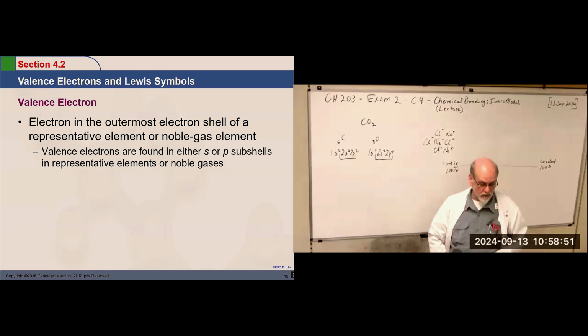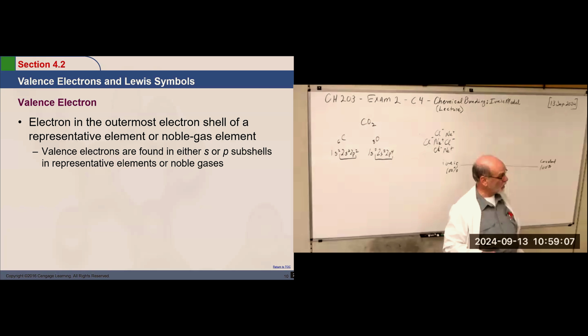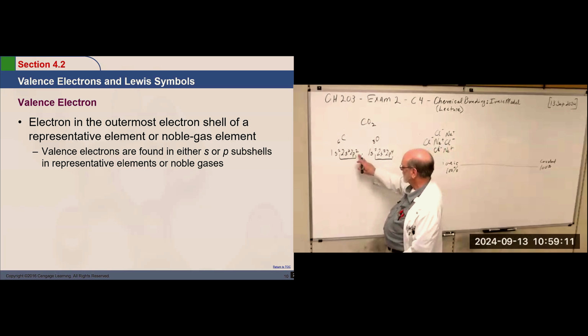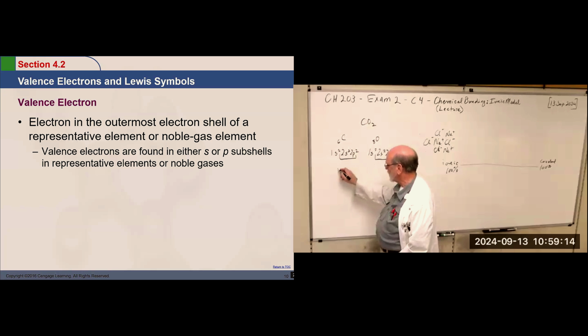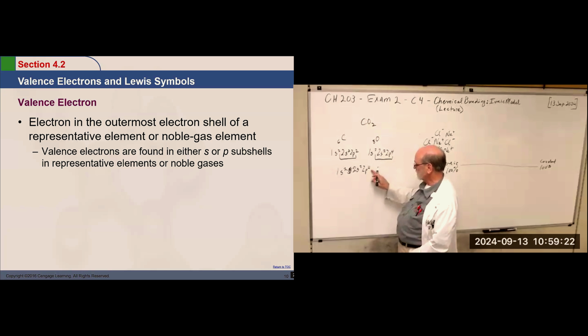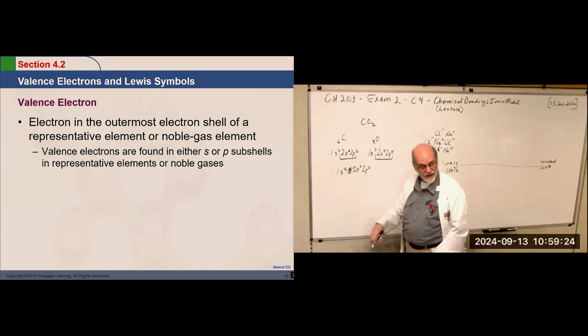Why the octet rule? Notice that if we have, say, carbon or oxygen, and if carbon obtains 4 electrons, now it would have, theoretically, 2s2, 2p6. What does that look like? 4, 5, 6, 7, 8. Well, plus these two.